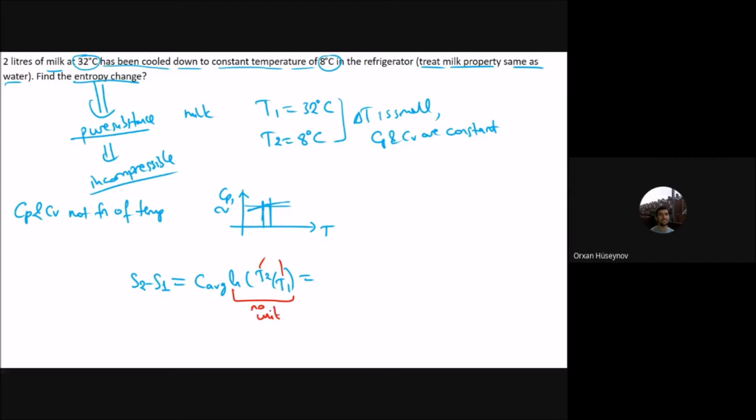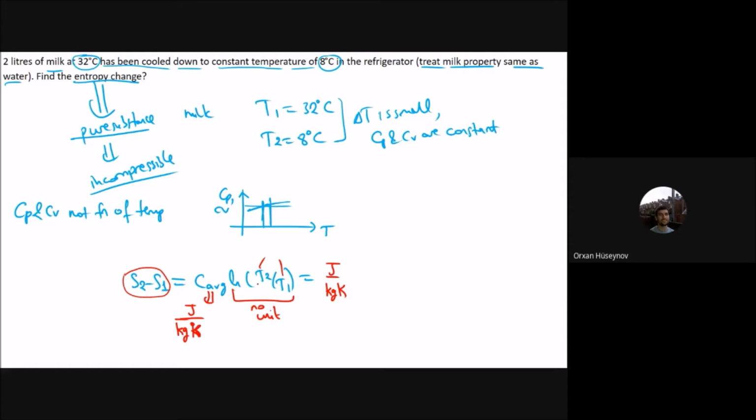Let's play with units. C average has a unit of joules per kilogram Kelvin, or kilojoules per kilogram Kelvin; degrees Celsius or Kelvin doesn't matter here. So S2 minus S1 will have the unit of joules per kilogram Kelvin, the difference of entropy.